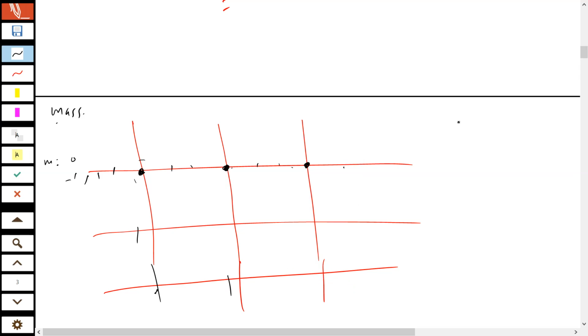But if I now ask you what is the density, which is the rate of change of mass with respect to volume, what is the density here? Everywhere else, when mass is zero, density is also zero, right? But what is the density at this point?